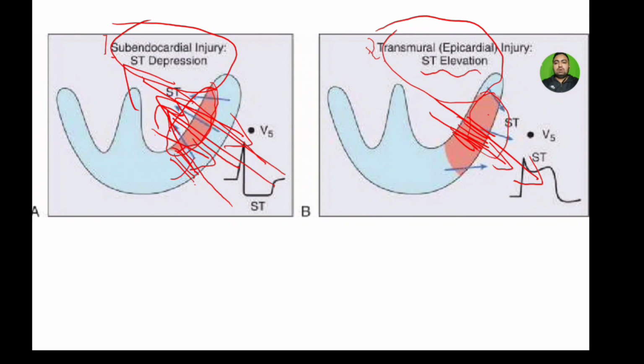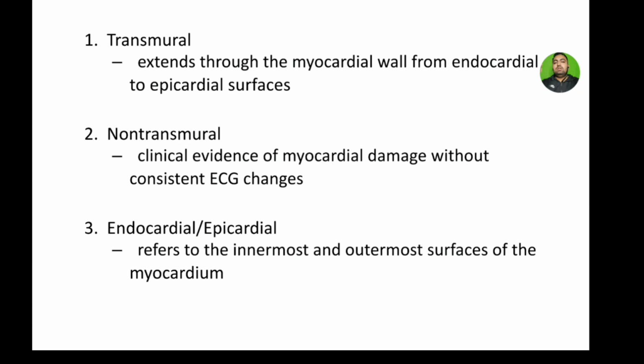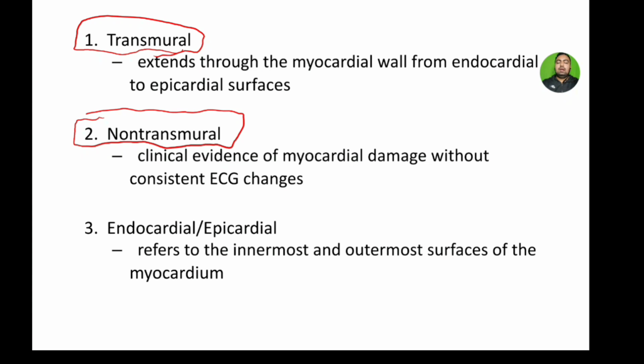Now moving to the next slide. As you can see, there are types of involvement. The first is transmural involvement, the second is non-transmural involvement, and the third is endocardial or epicardial involvement. The first one, transmural involvement, is extension through the myocardial wall from the endocardial to the epicardial surface.